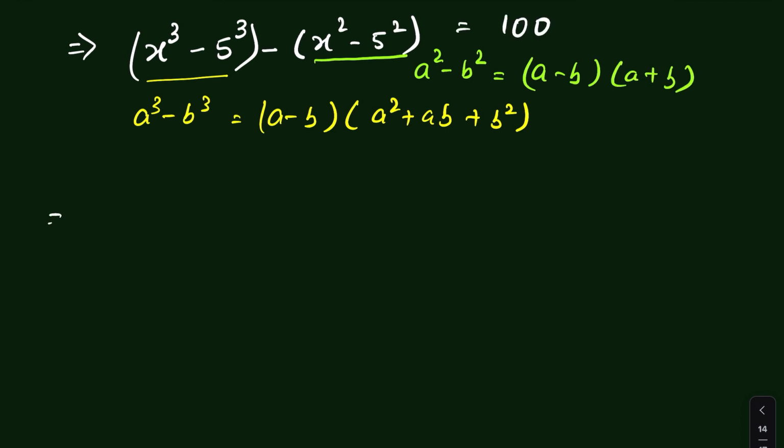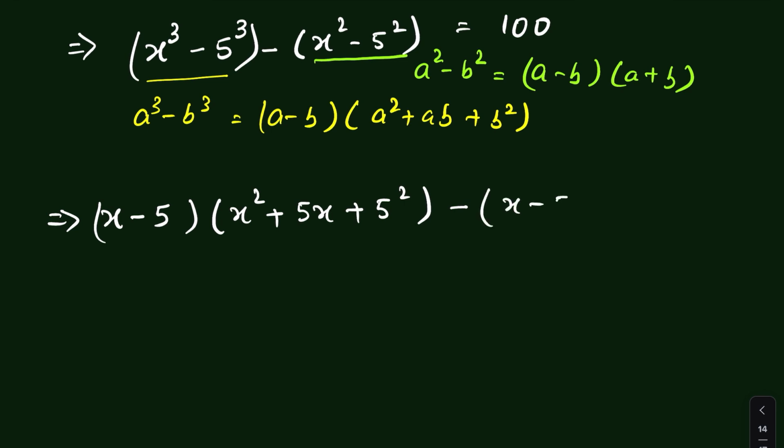So x minus 5 times x square plus 5x plus 5 square, then minus x minus 5 times x plus 5 in the form of difference of squares, is equal to 0.